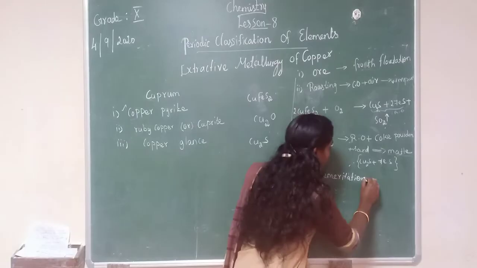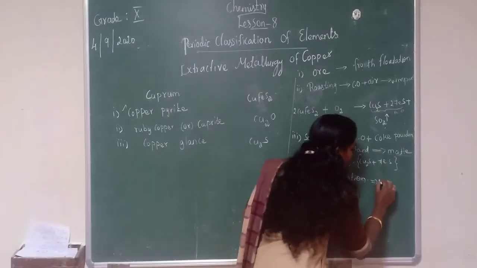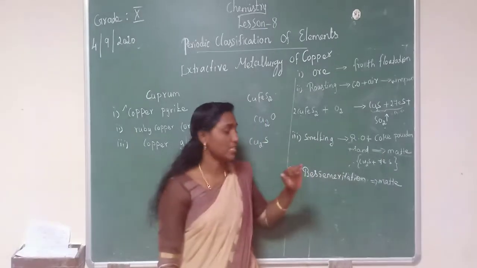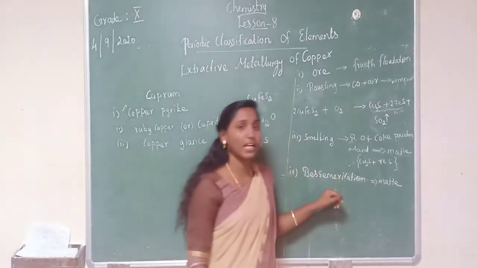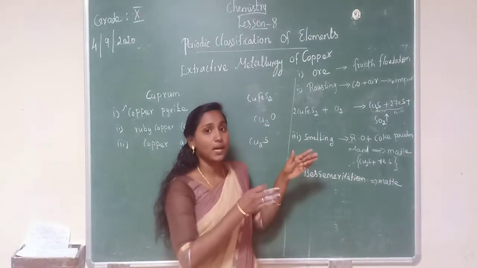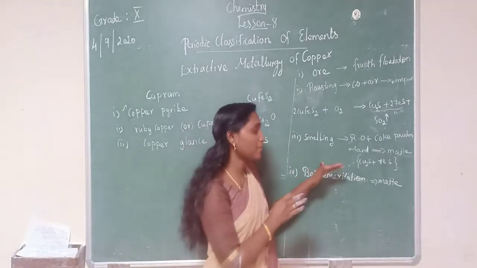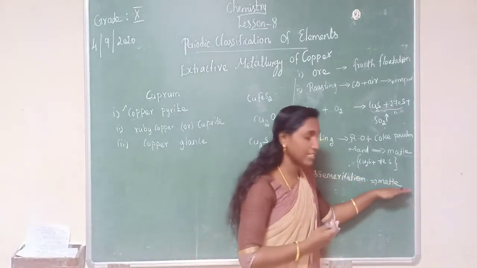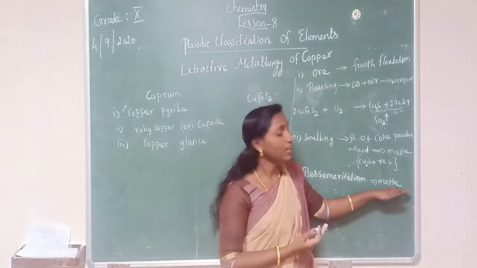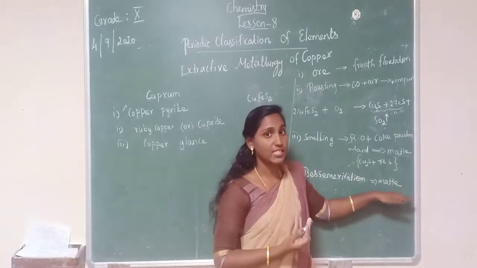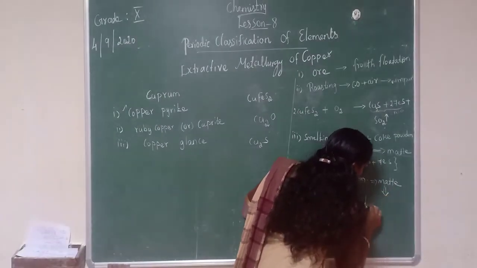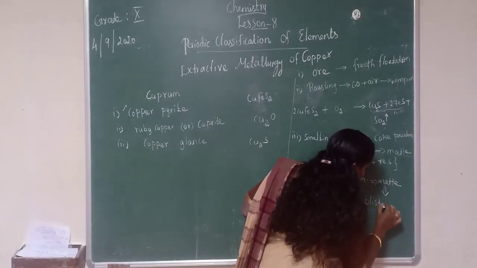Okay. So when we transfer this mat into the Bessemer converter, like the blast furnace, this Bessemer converter is another instrument. You have to take this mat in a Bessemer converter. When we give the heat, this Bessemer converter gives one product that is called blister copper.